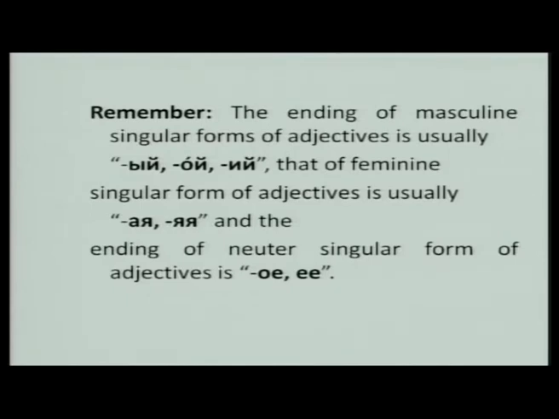Dear learners, please remember that the endings of masculine singular forms of adjectives are usually ый, ой, and ий. The endings of feminine singular forms of adjectives are usually ая and яя, and the endings of neuter singular forms of adjectives are ое and ее.